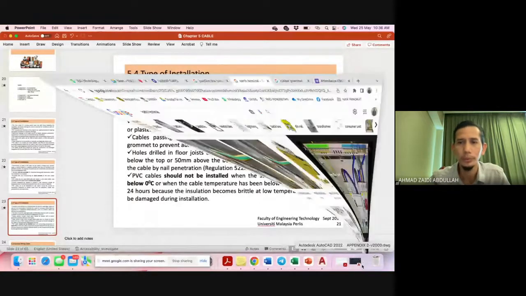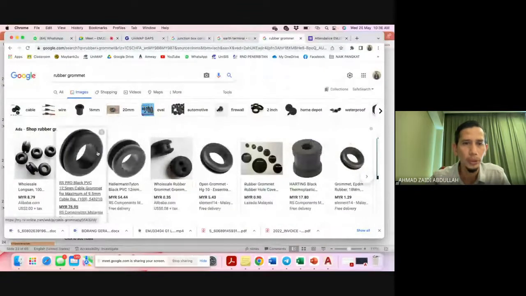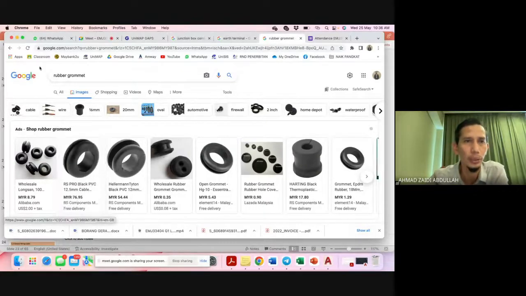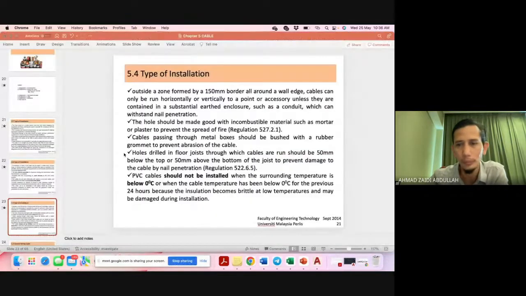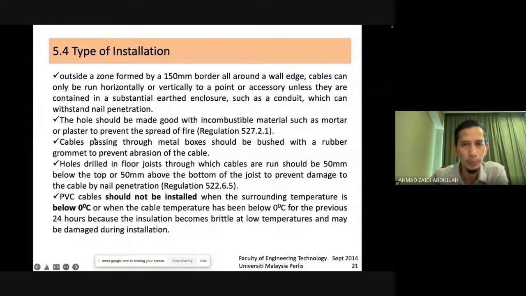Rubber grommet. Okay. So this sample of rubber grommet lah. So normally at the end kalau kita tebuk lubang, kemudian we need to put this rubber grommet in order to make sure our cable is safety lah from the end of bucu yang tajam. That's the function of the rubber grommet. And then apa lagi?